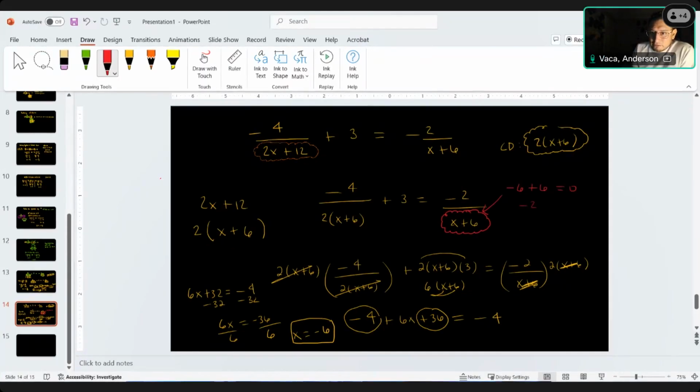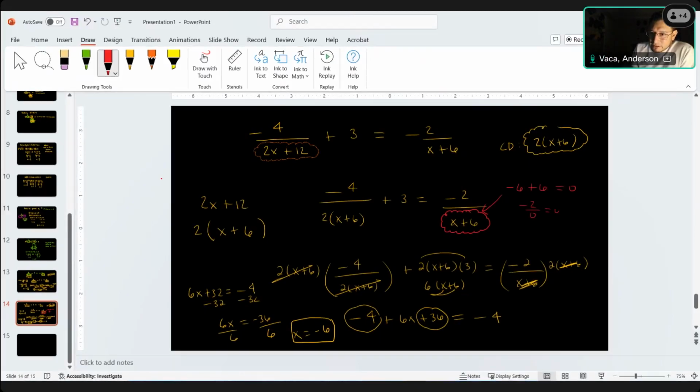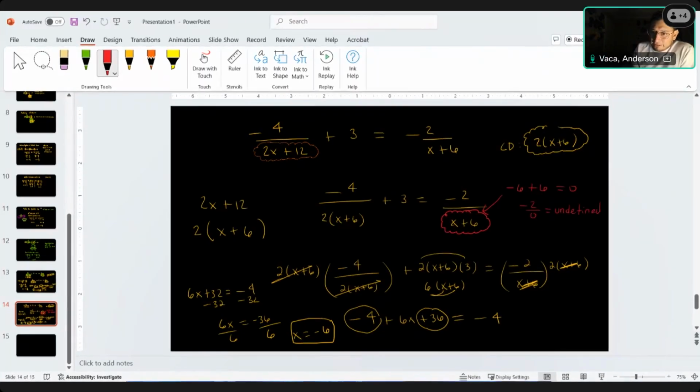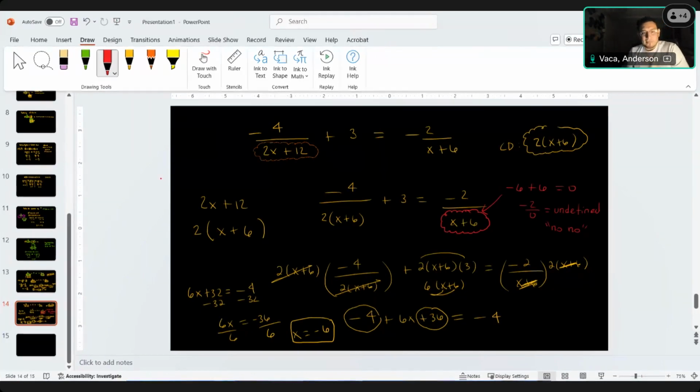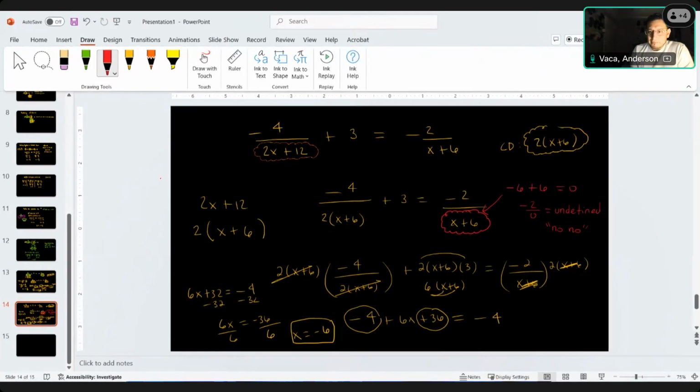And I don't want to tell you the story right now, but dividing by 0 is a no-no. We are never allowed. So therefore, even though we did a whole lot of great mathematics and it looks awesome, this particular example has no solution.